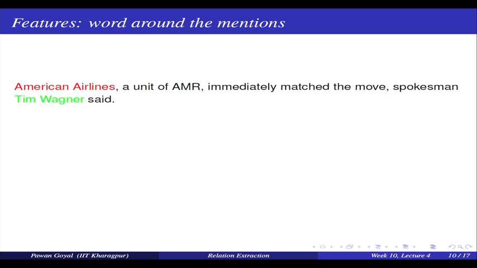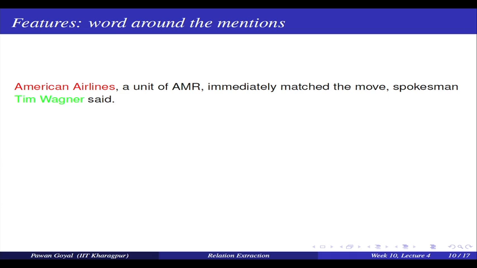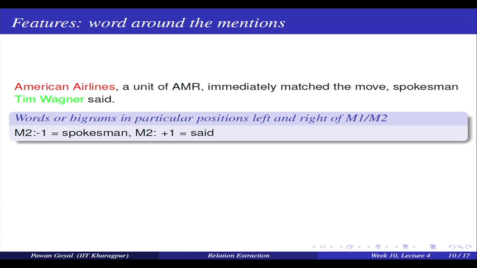Then I can use the words that are coming around the mentions. That is, what are the words that come before American Airlines, after Tim Wagner, and what are the words in between. So what can be my features? Words or bigrams in particular positions left or right of M1, M2. Like, what is the word before M2? Spokesman. What is the word next to M2?